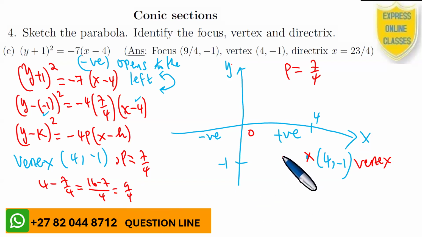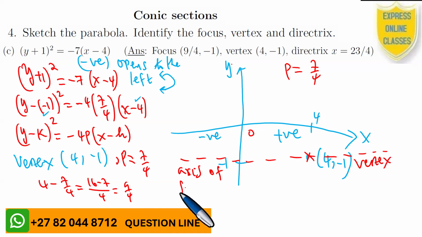The vertex is going to be on the axis of symmetry, the axis of symmetry through the vertex. So you have the distance that is going to be 4 minus 7/4, which is 9/4.